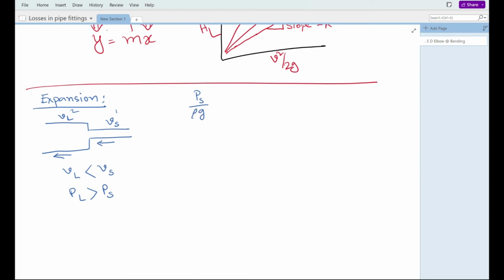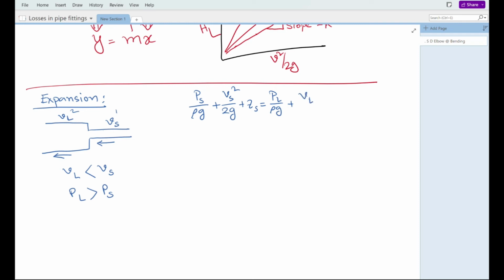In the smaller pipe the velocity should be higher, so Vs is greater than VL and the pressure will be opposite: Ps is less than Pl, according to Bernoulli's principle. This is 1 and this is 2.